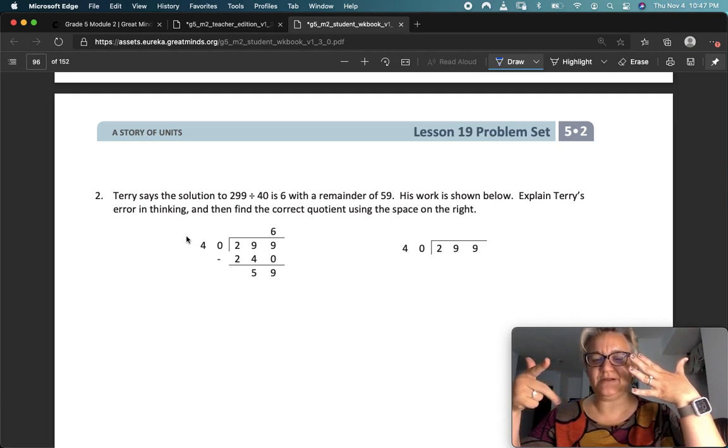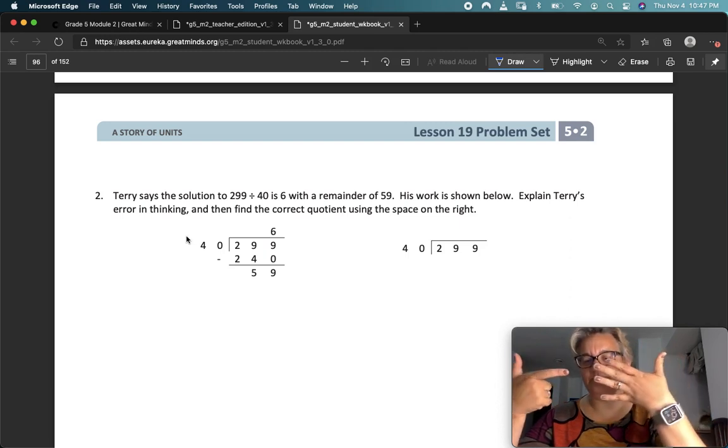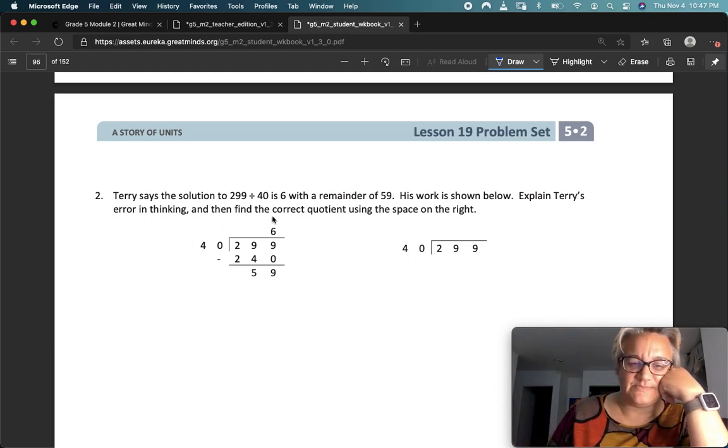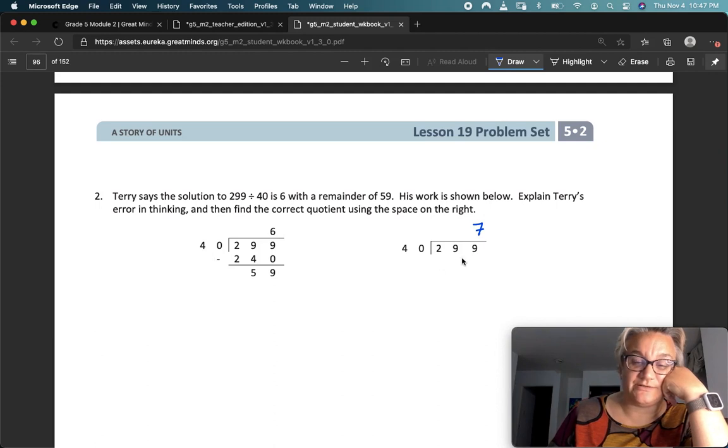Well, 32 is bigger than 29, so we have to go back. 28, and how many was that, right? 1, 2, 3, 4, 5, 6, 7. Okay, well, there's his problem right there. The answer should have been 7, not 6, because 40 would go into 280 7 times. So 7 times 40 is 280, and then my remainder is 19.